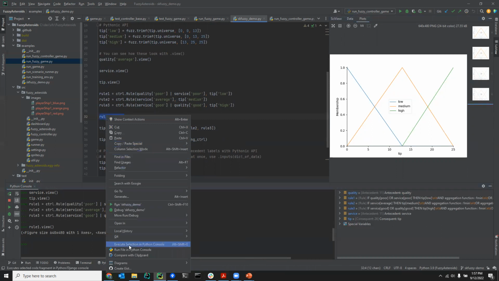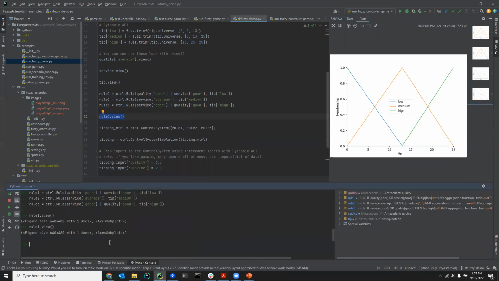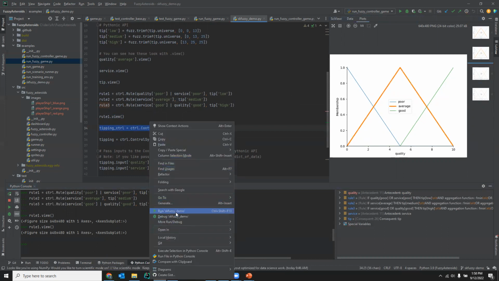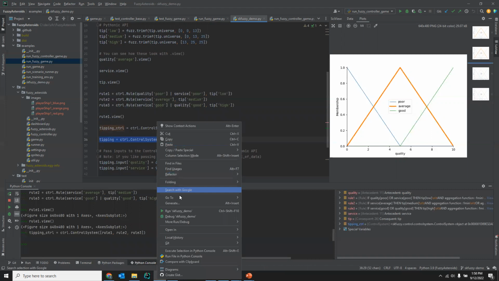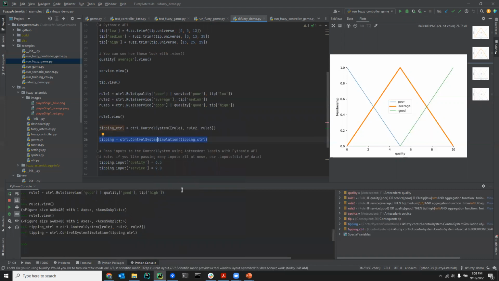Maybe we can't do that while I'm in scientific mode. I guess not. That's okay. Well, let's go ahead and create a fuzzy control system using our rules. And then we'll create a control system simulation using that control system. And that allows us to evaluate the FIS for different values.